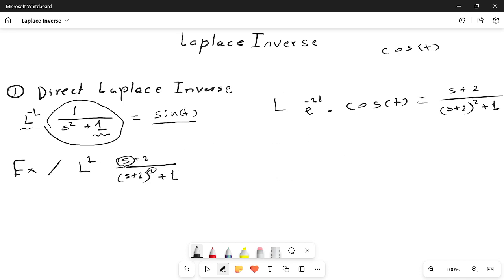So you take the shifting property out, then you are left with s divided by s squared plus 1, and that would equal the cosine of t, and you are left just with the shifting property, which is the multiple of exponential negative 2t, and that's the final answer of the Laplace inverse of s plus 2 divided by s plus 2 to the power of 2 plus 1.